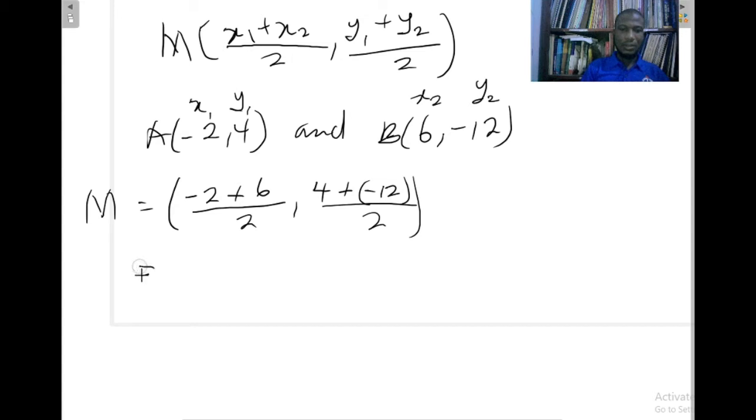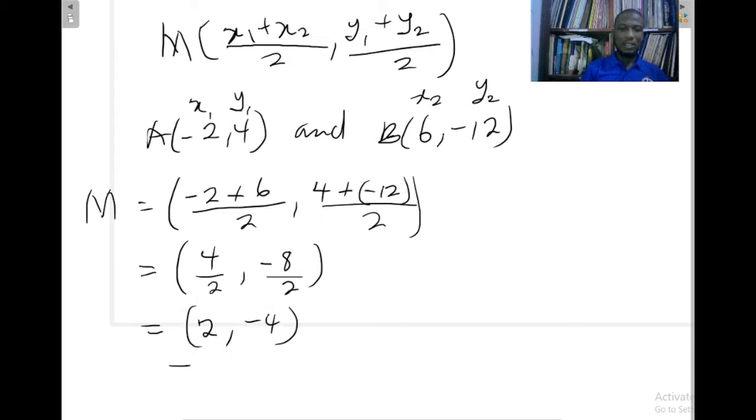Then this is going to give us -2 plus 6 is 4 divided by 2. Then 4 plus -12 is the same as 4 minus 12, which will give us -8 divided by 2. And when we simplify further, we are going to have 2 and -4.